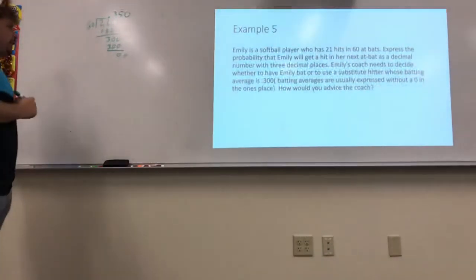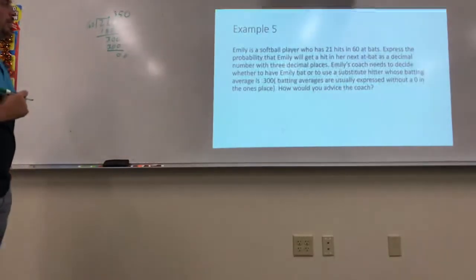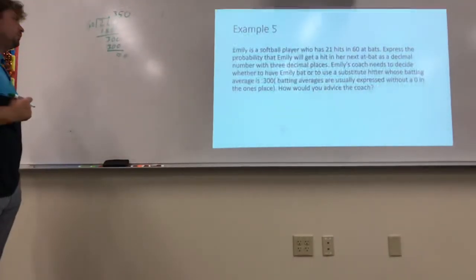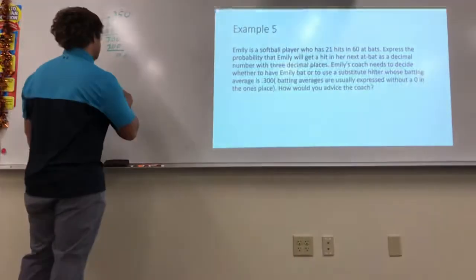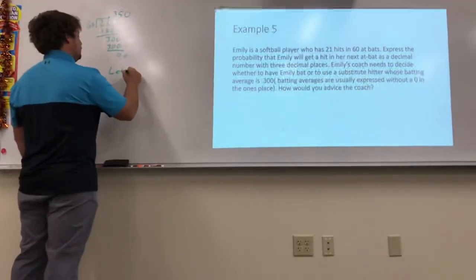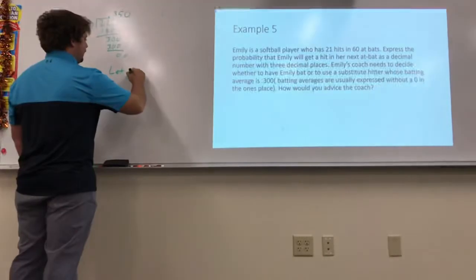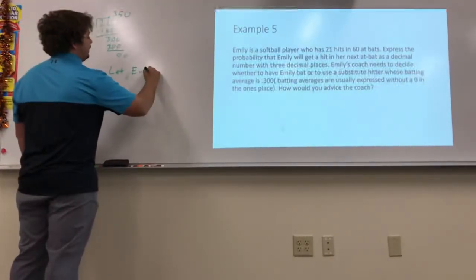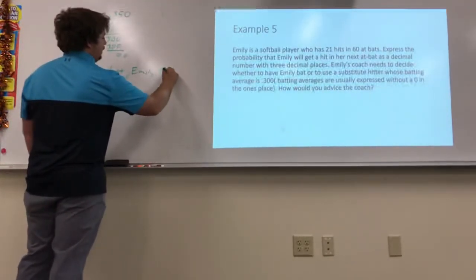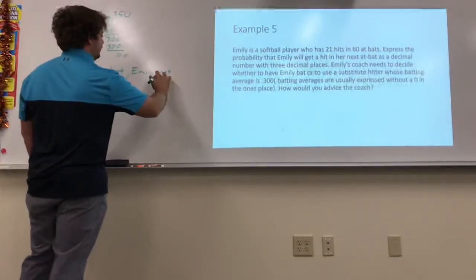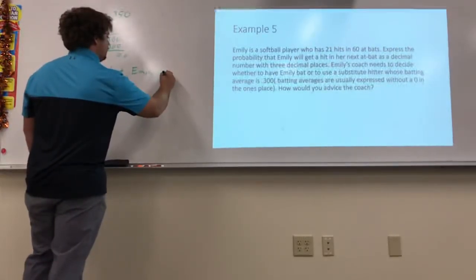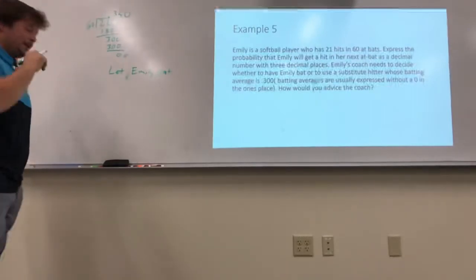At a .350 average, she's batting better than .300, so I would advise the coach, let Emily hit. Or let Emily, I should say, bat. That should be your advice for a coach today.